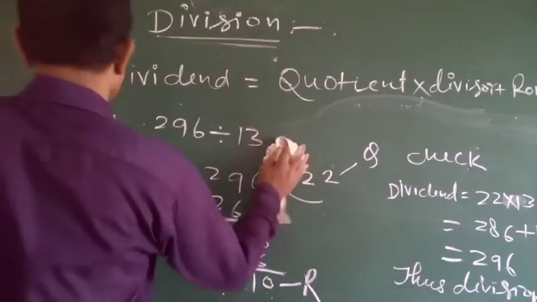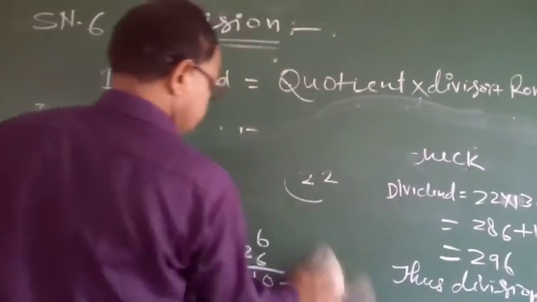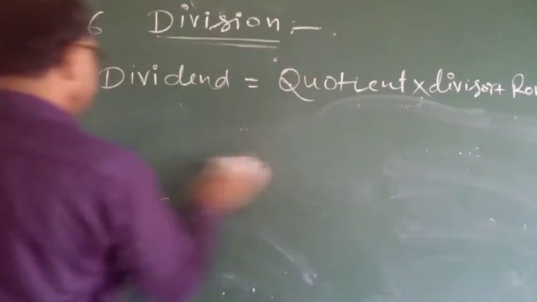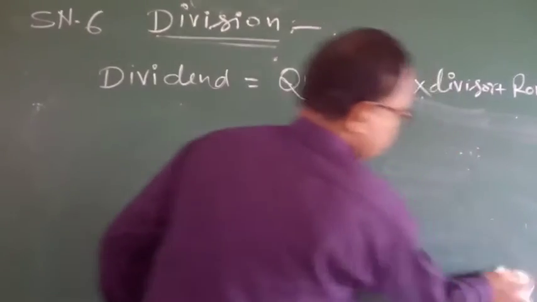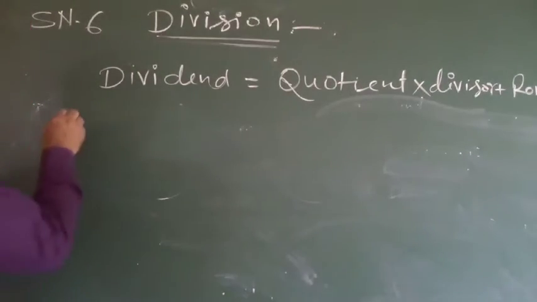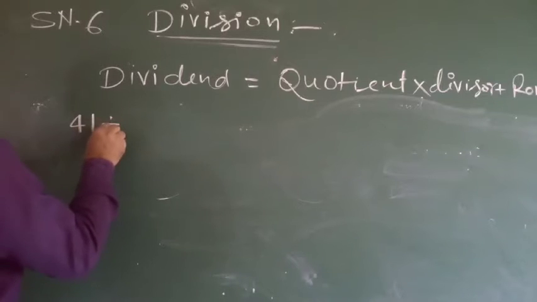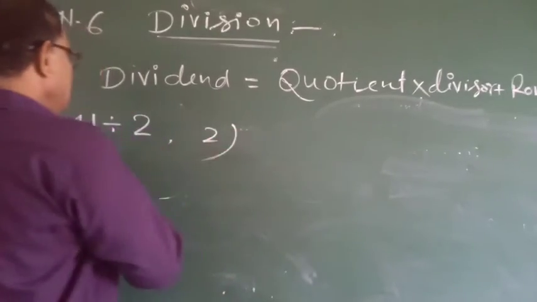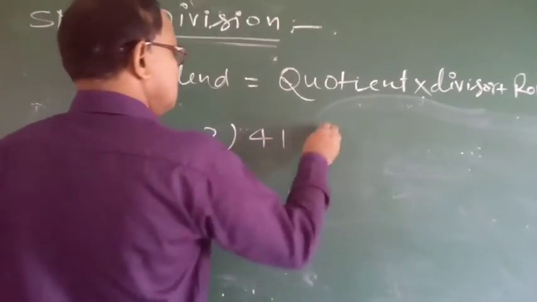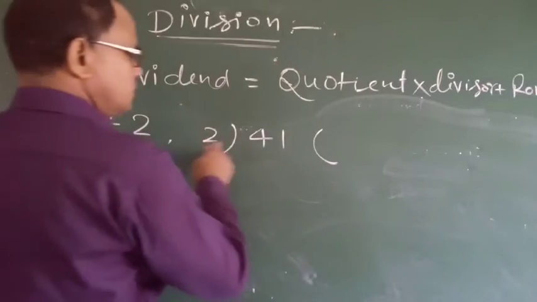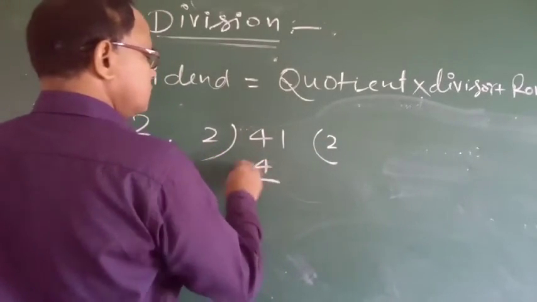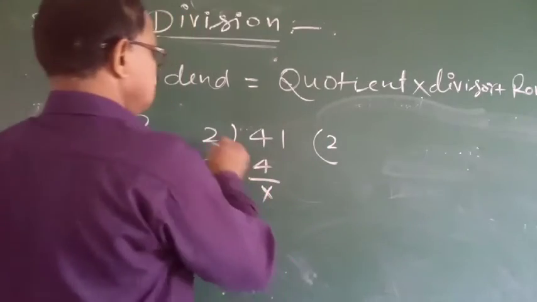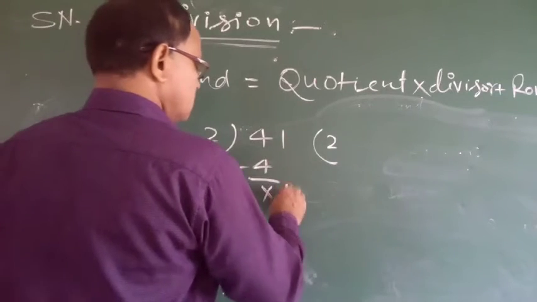After this, here 41 divide 2. Okay, in this case here 2 divide of 41, then 2 2s are 4. Okay, 4 minus 4 cancel. Here write 1.